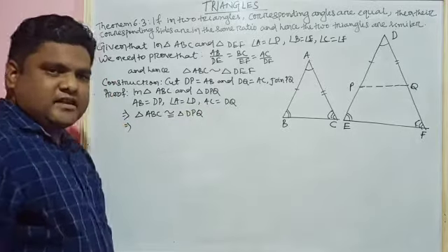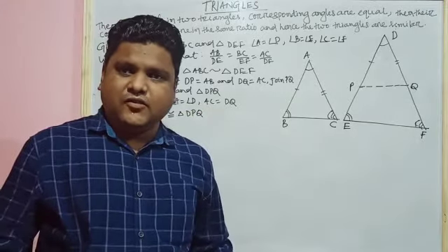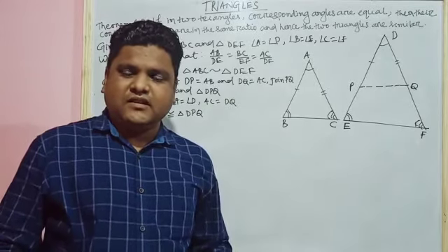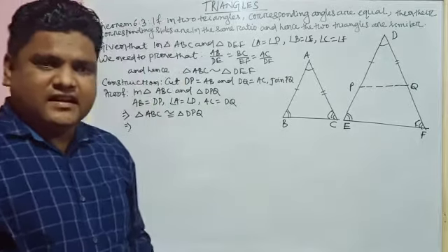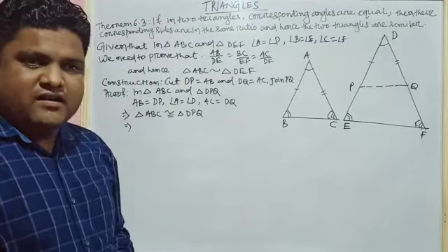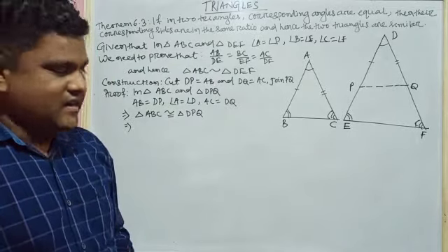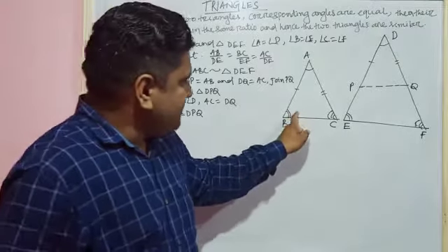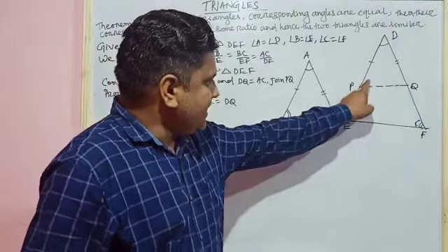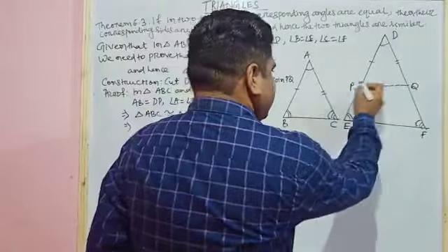If two triangles are congruent, then all their angles are equal and also all sides are equal. So by taking the criteria of corresponding parts of congruent triangles, we can write angle B and angle P are equal.